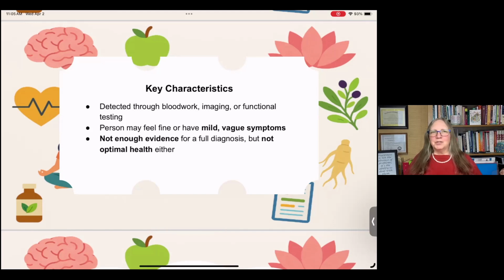And some people, there's just not enough evidence for a diagnosis, but they know that they're not feeling great. My labs are normal, but I still don't feel good. Subtle symptoms, again, is your body whispering and saying, something's wrong. Pay attention.